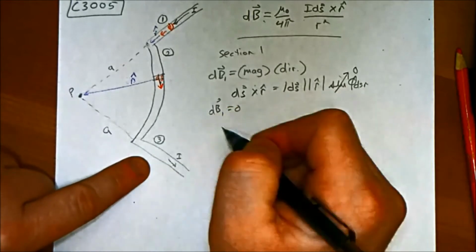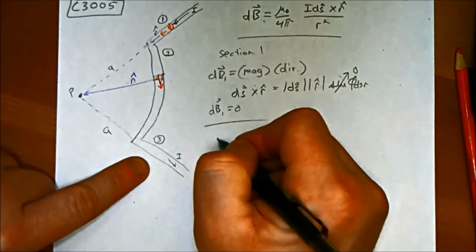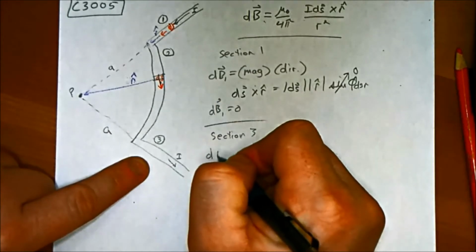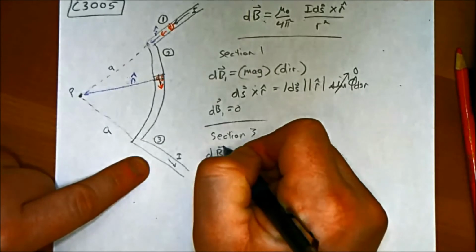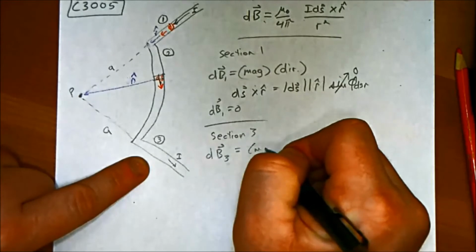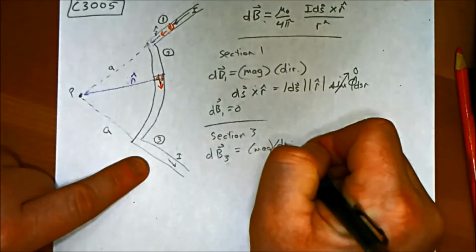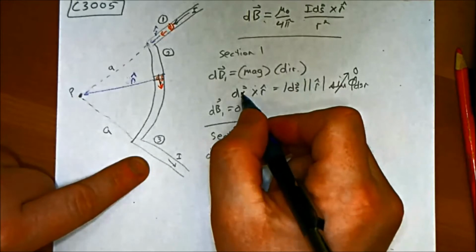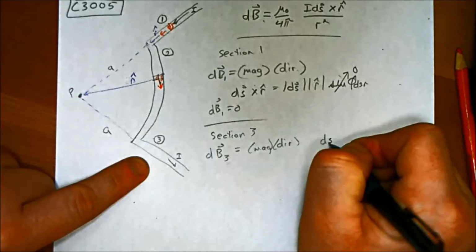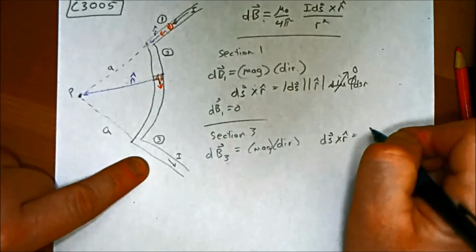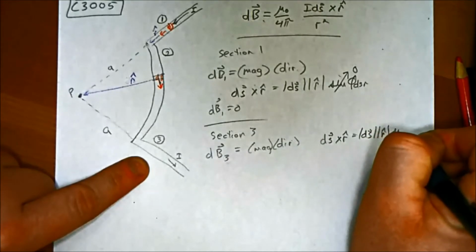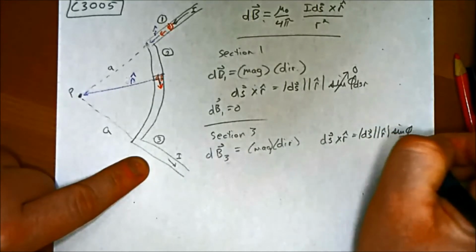Well, what happens here? Section 3. This has some magnitude and direction like before. Let's look at the direction by looking at the cross product part of Biot-Savart's law. ds cross r hat equals the magnitude of ds times the magnitude of r hat times sine of the angle between ds and r hat.